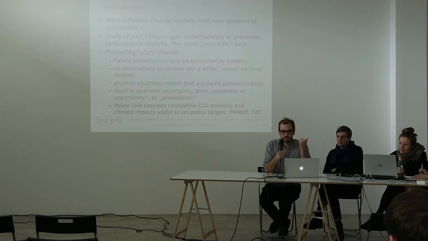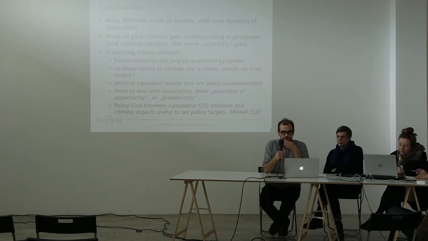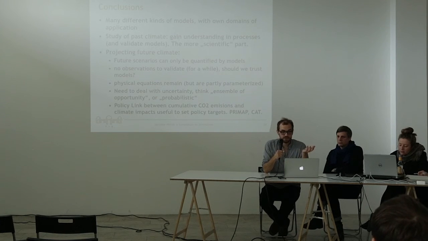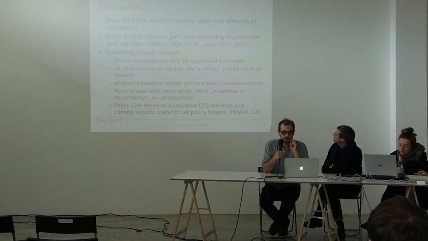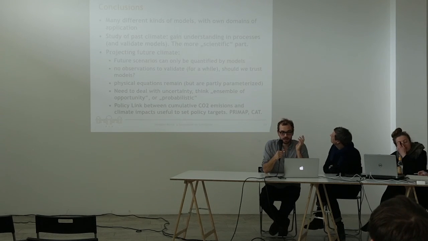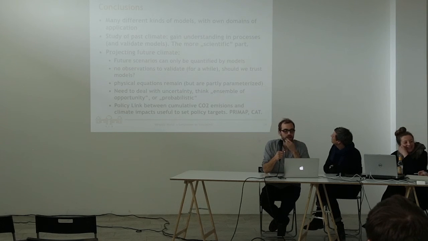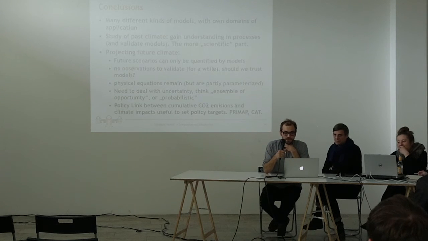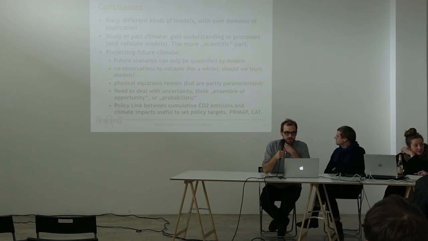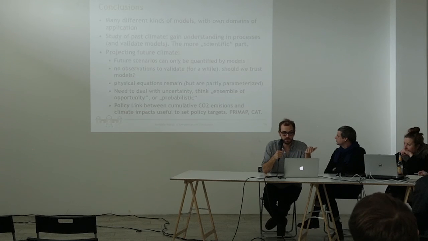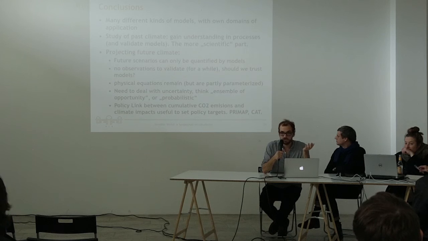So basically, what I mentioned is that there are very different kinds of models with their own domains of application. With the study of past climate, you can gain understanding of processes, the more scientific part of it. Projecting future climate is of course more delicate. It can only be quantified by model simulation, but there's no observation to validate it. So why should we trust them or not?